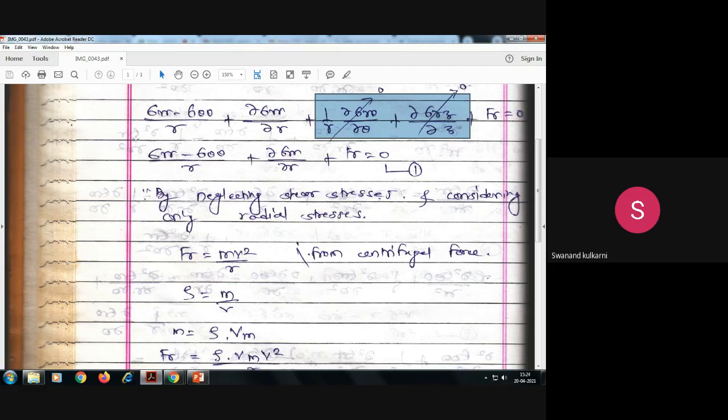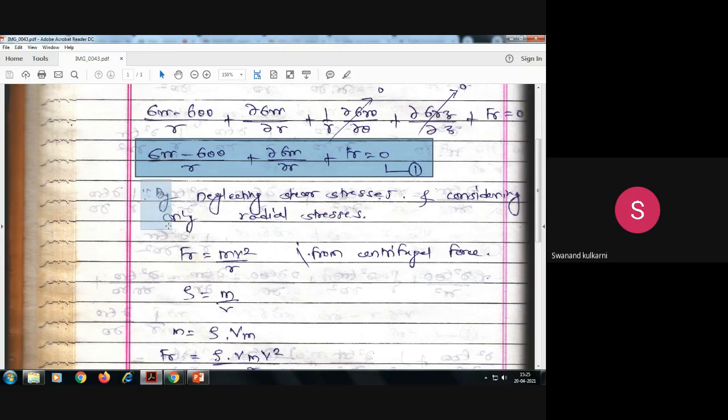equation. And the equation we are now taking into consideration is (σ_rr − σ_θθ)/r + ∂σ_rr/∂r + body force F_r = 0. Is it okay? That is only taken into consideration.